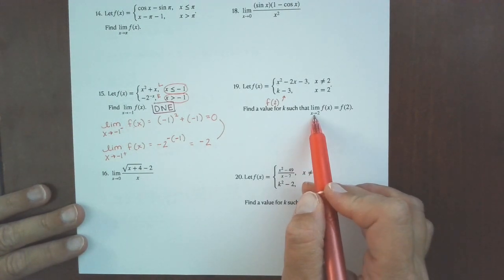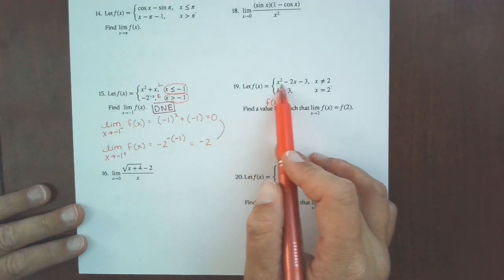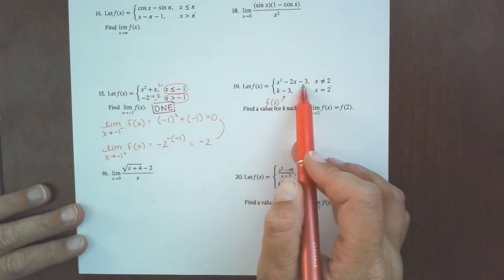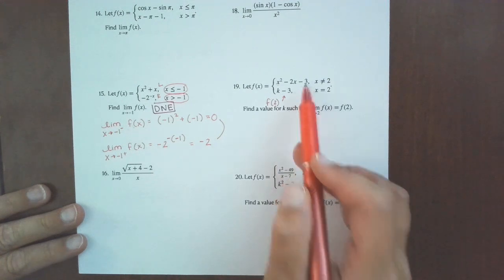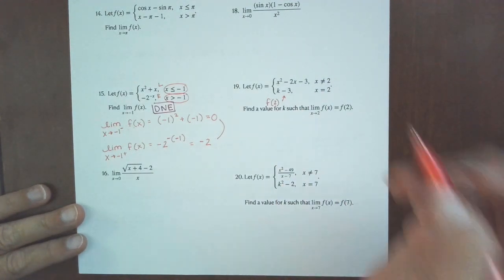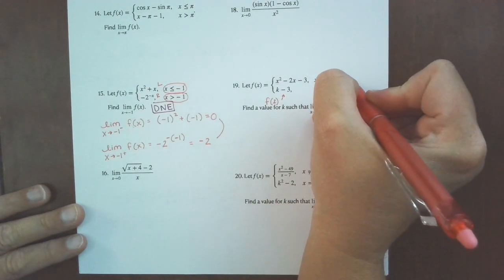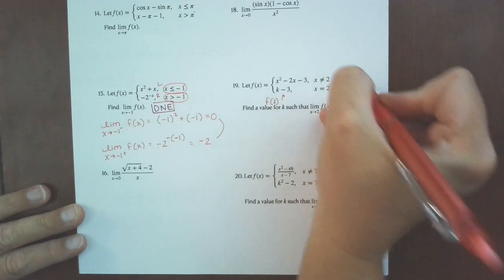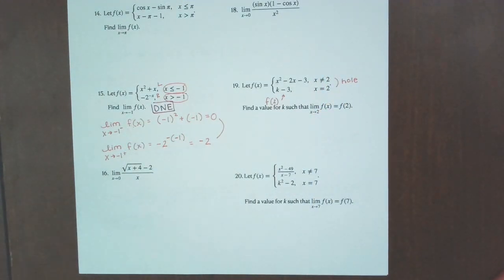Well, the limit as x approaches 2, that's going to be this function, because this is what's telling you what's happening everywhere except right at 2. Okay, this is telling me that I have a hole in my graph. But as far as limits are concerned, I don't care about the value in the hole. I care about what the y values are doing to either side of that hole.